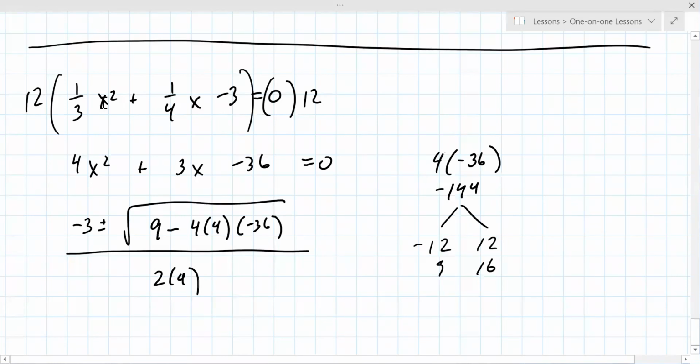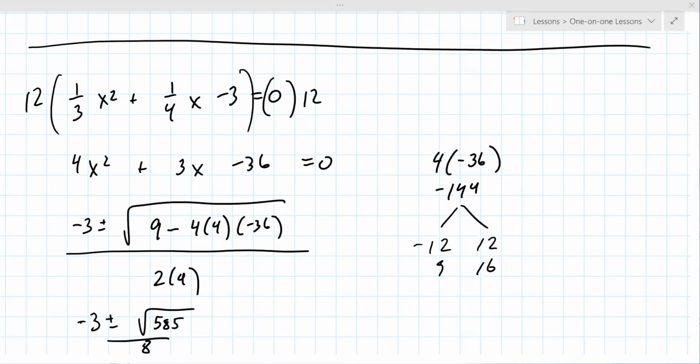All right, so 4 times 36 is 144, plus 9. So now I got negative 3 plus or minus root 585 over 8. So let's see if we can simplify this out, and you really can't, so you just leave it alone.